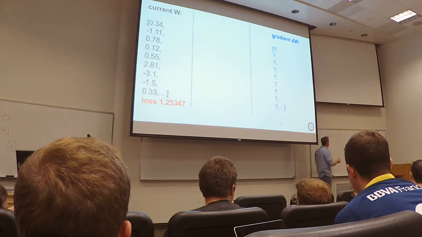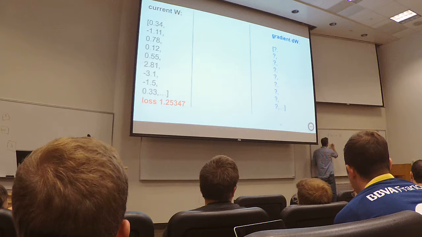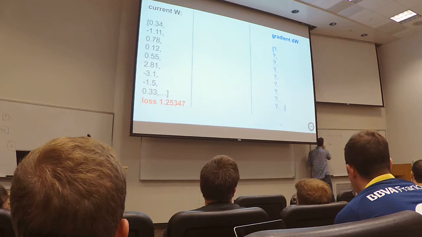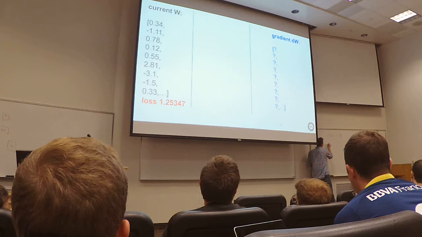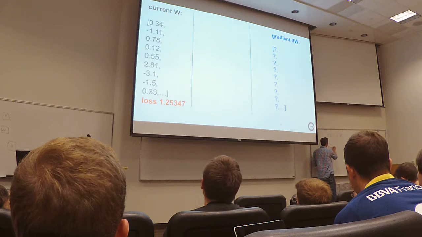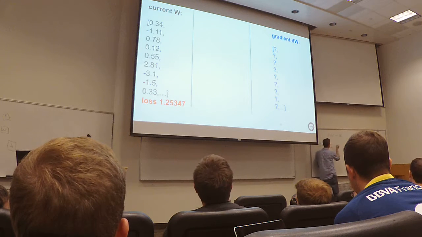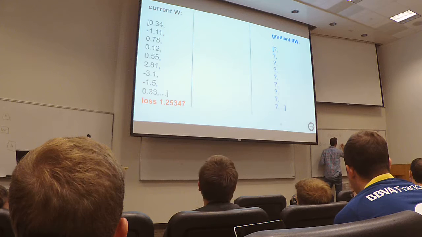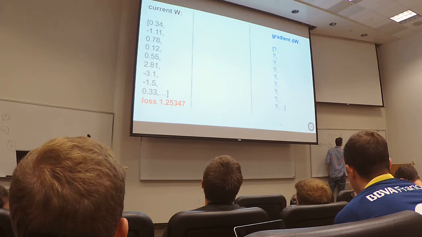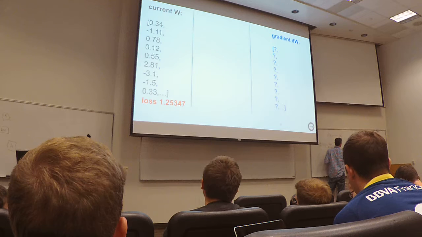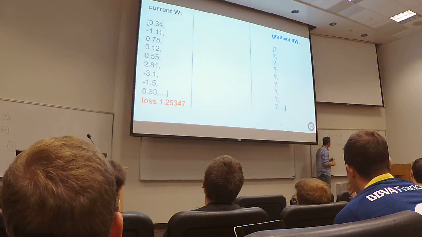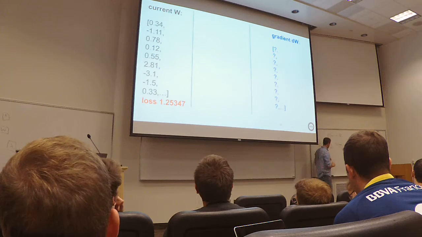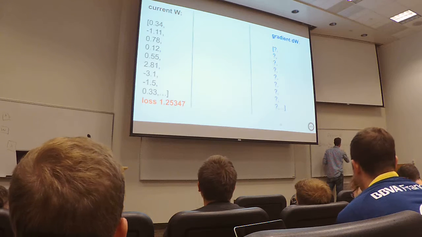Hopefully you all remember the definition: the derivative with respect to x of f of x is the limit as epsilon goes to 0 of f of x plus epsilon minus f of x, divided by epsilon.